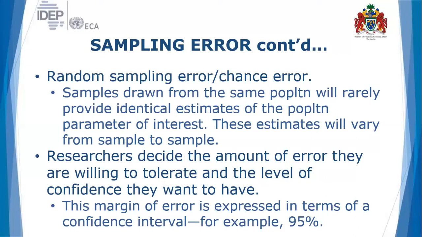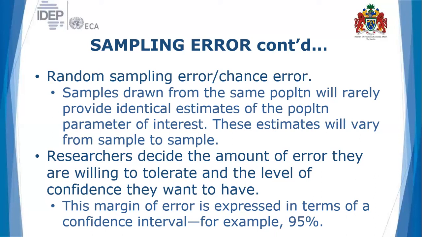So suppose we draw 2 or 3 or more samples from the same population. The estimates that we get from those samples will vary from sample to sample. That variation in the estimates between one sample and the other drawn from the same population is known as chance error.